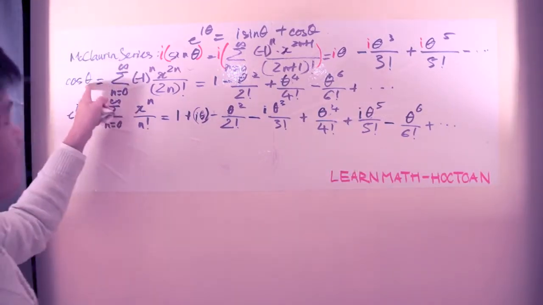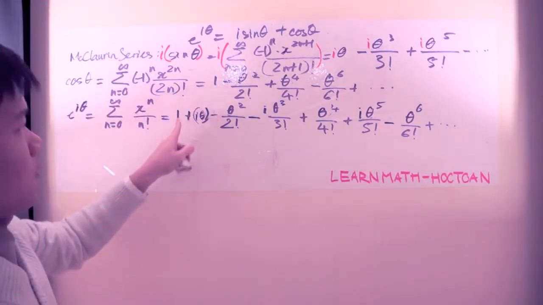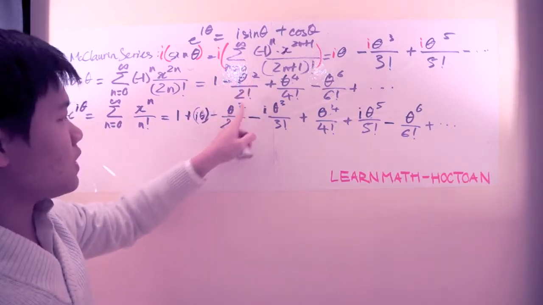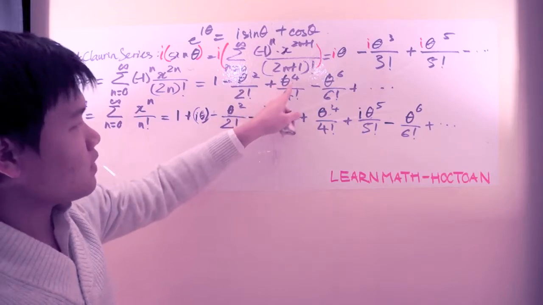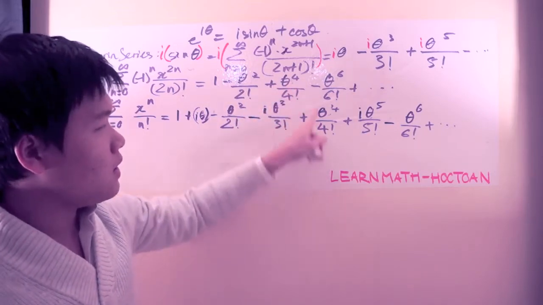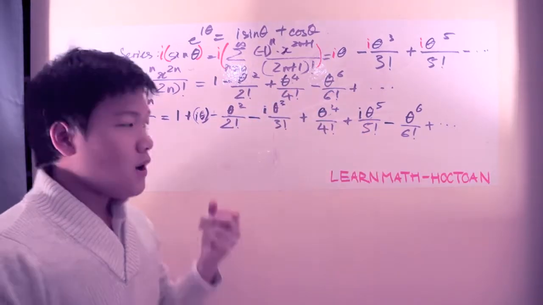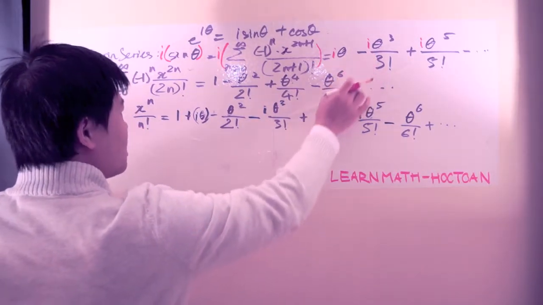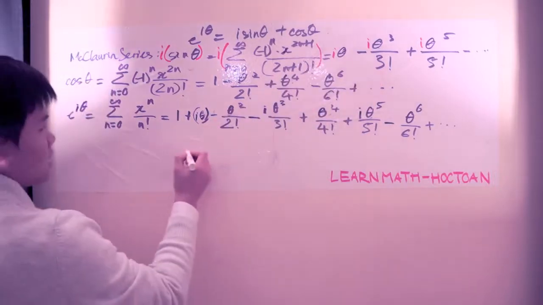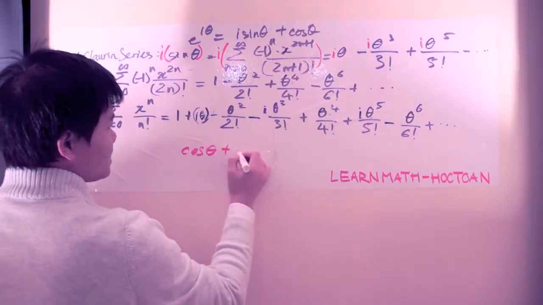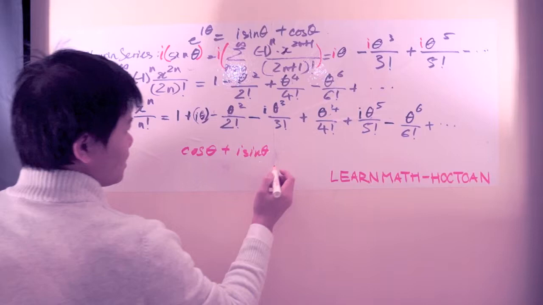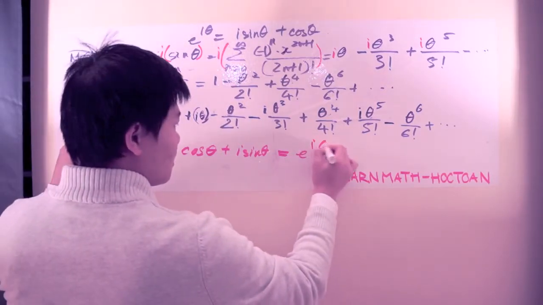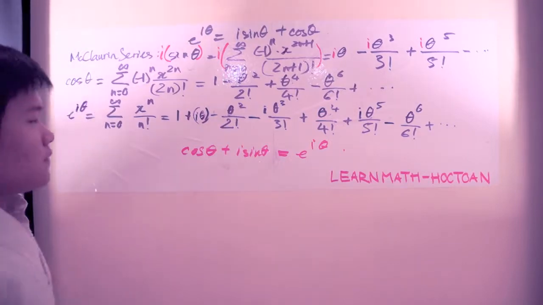And now we look at cosine theta: you have 1, minus theta squared over 2 factorial, plus theta to the 4th over 4 factorial. So when we sum these up, the sum of these two functions, cosine theta plus I sine theta, would be equal to e to the I theta.